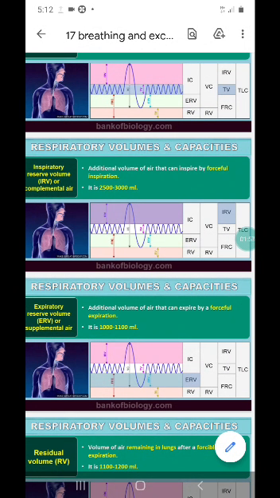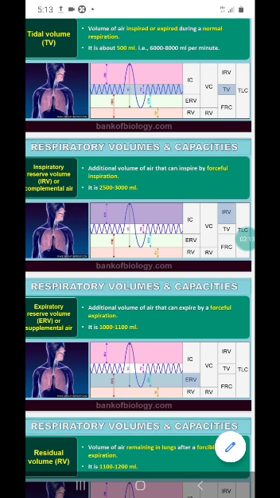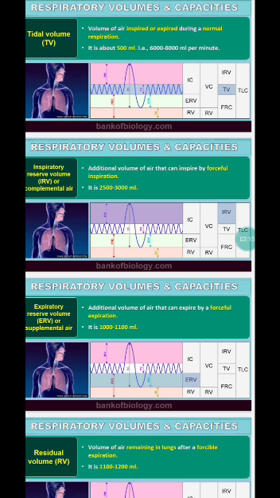Right. Now when you breathe out normally, there is still a little bit of air remaining in our lungs. That air which is remaining in the lungs is called functional residual volume. Now what is residual volume?